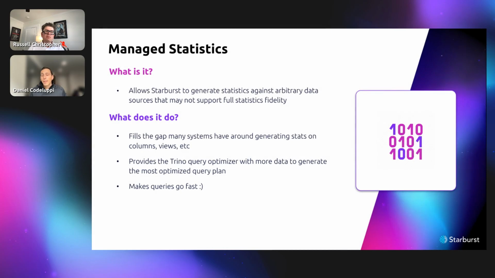The next thing I would like to talk about is managed statistics. This is a neat feature set that solves for the connectors that offer only partial or no stats at all. If stats are not offered natively, then users can run a collect stats on a table and store them in SEP for query engine optimization for the next time.